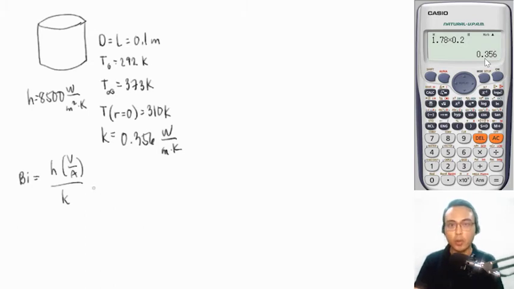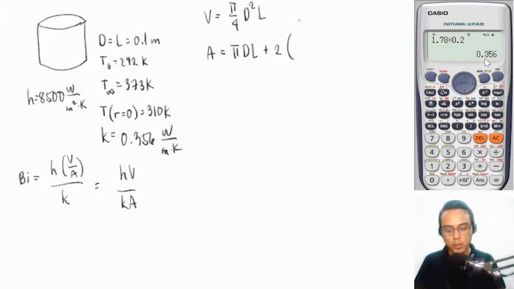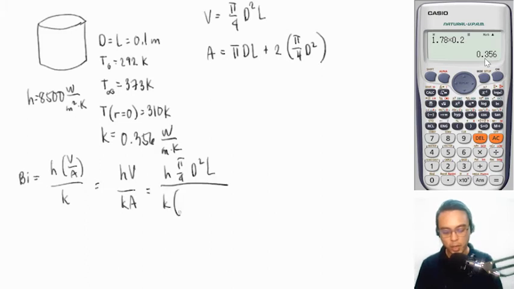So we have to rewrite our Biot number expression to be HV over KA, wherein the volume of this type of cylinder is still pi over 4 d squared L, but then the area would be the total surface area of the cylinder, that is pi dL plus 2 times pi over 4 d squared. Therefore, our Biot number is H times pi over 4 d squared L all over K times pi dL plus pi over 2 d squared.